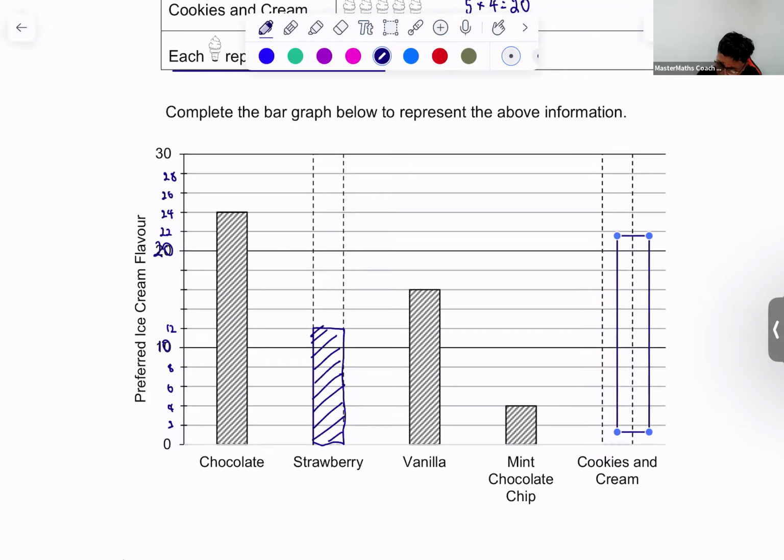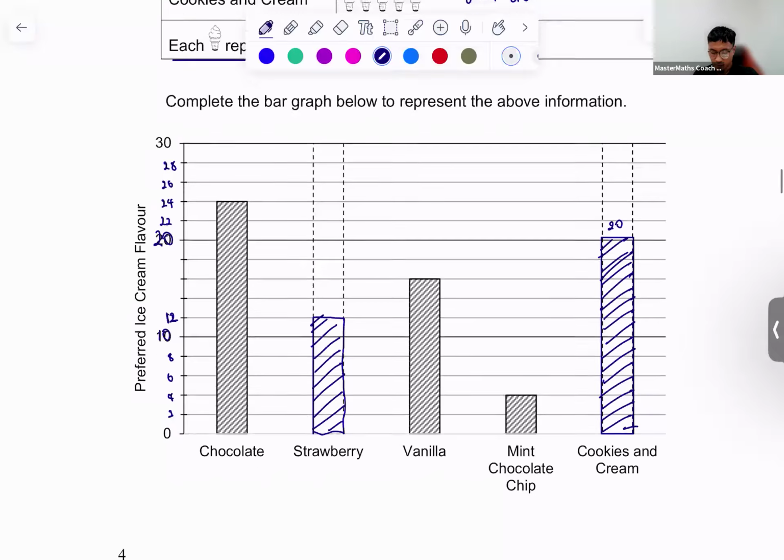And then we are going to shade. Just like that. So we have 20 for cookies and cream. We have 12 for strawberry.